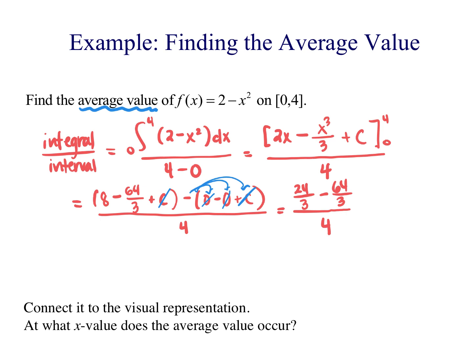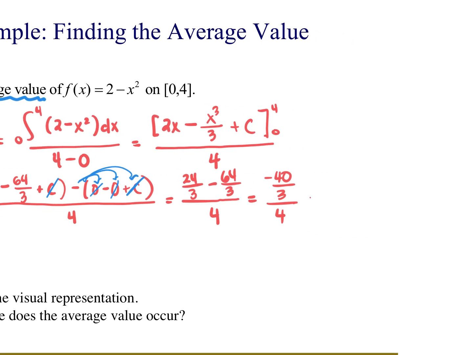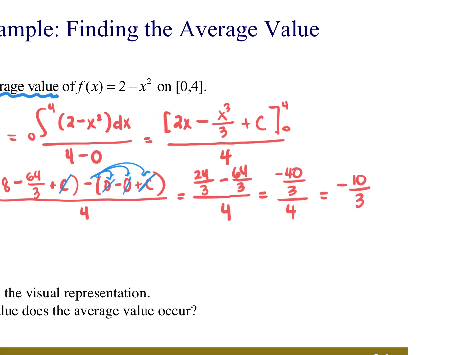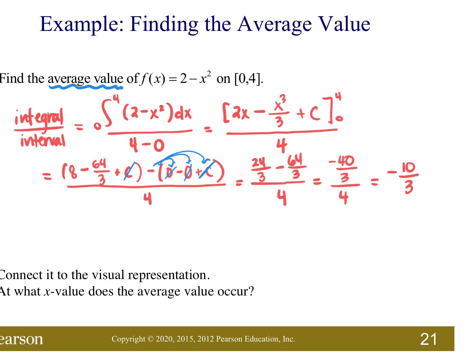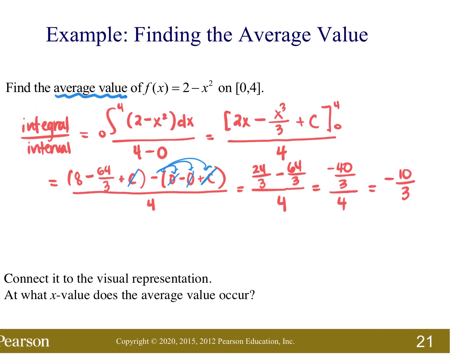So 24 minus 64, that's negative 40 over 3, all still over the number 4. So I can simplify that to be negative 10 thirds. All right, that's the answer.